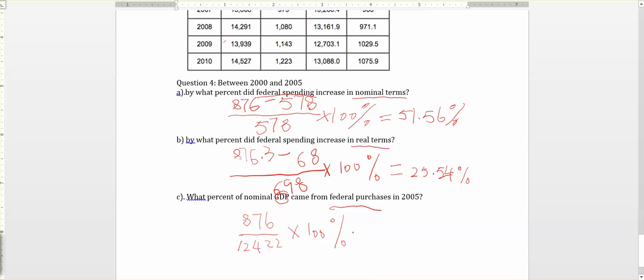Using your calculator, you will get 7.5. This means in 2005 only 7.5% of the money was used by the federal government to purchase products.